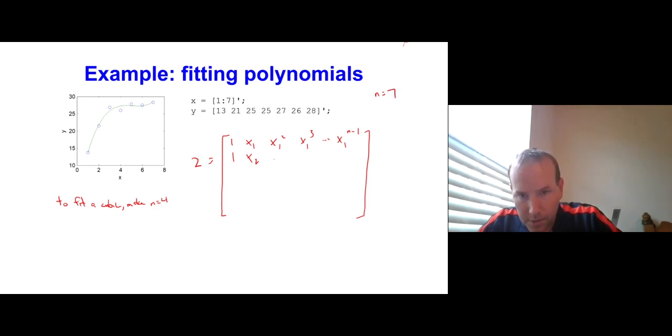So this is x2, x2 squared, x2 cubed, and so on. And the bottom number here is x to the n minus 1. So in this case, we would have 7 rows, and then we'd have 4 columns if we're just doing the cubic, but we could do a higher order polynomial, which is why I'm drawing that here.